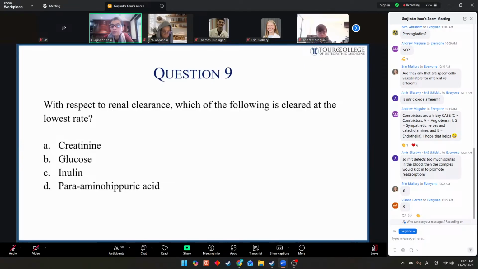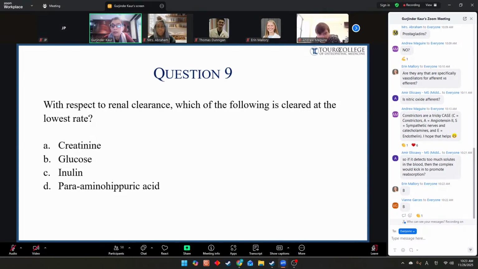Dr. Shah should be talking about the glucose transporters and the maximum efficiency of the transporters. If someone is diabetic, the glucose is going above the saturation level of the transporters that you have available, then glucose is just going to spill into the urine, right?